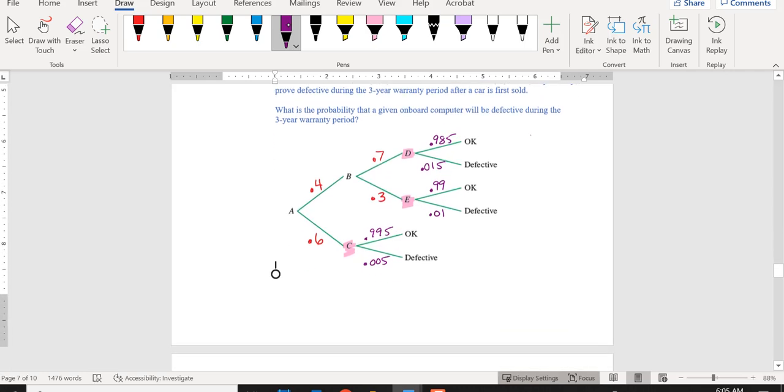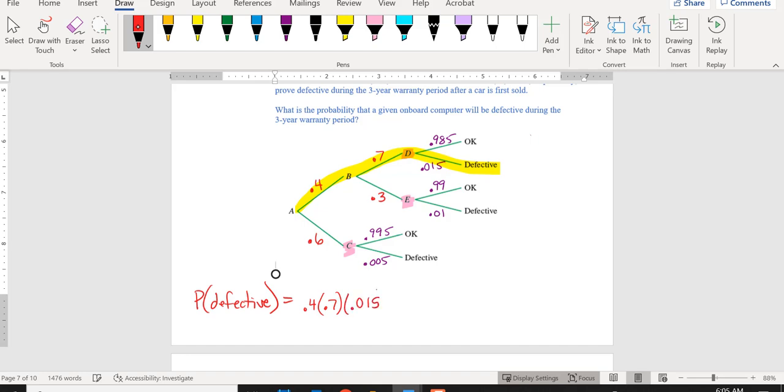All right, what is the probability that a given onboard computer will be defective? So here we go. Probability that it will be defective. We can go that route, which would be 0.4 times 0.7 times 0.015.